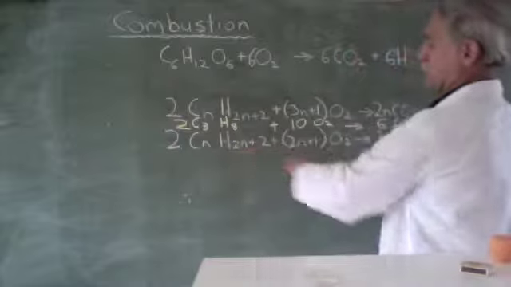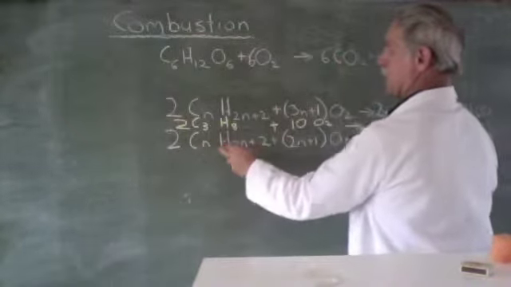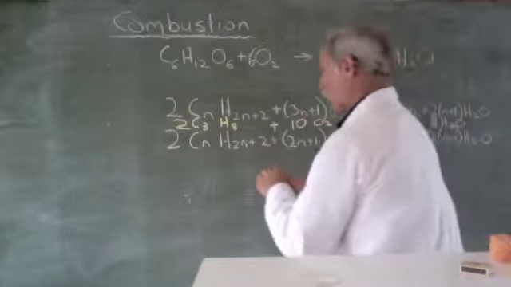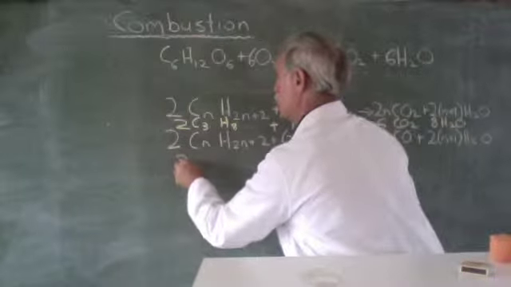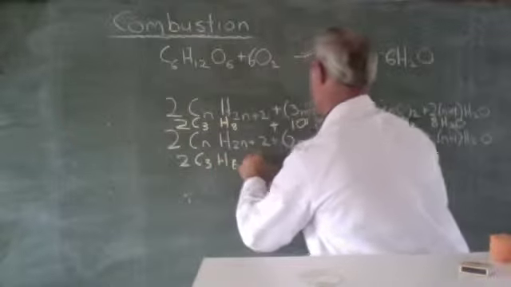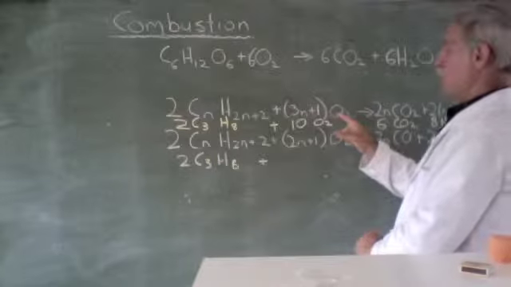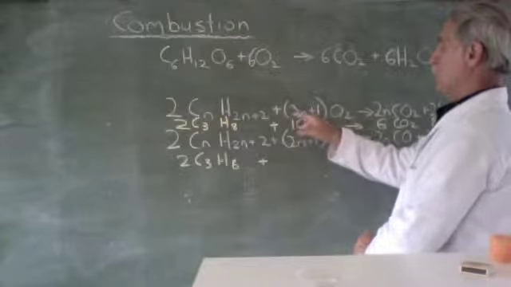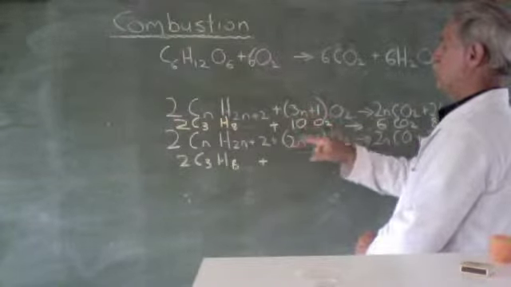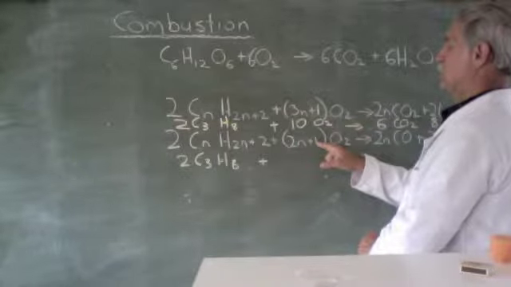Have a look. It looks similar. It's 2CnH2n+2. So it's still 2 C3H8. Now look at this. Instead of 3 3s are 9 and 1 is 10 oxygens, it takes 2 times 3 is 6 plus 1 is 7 oxygens.